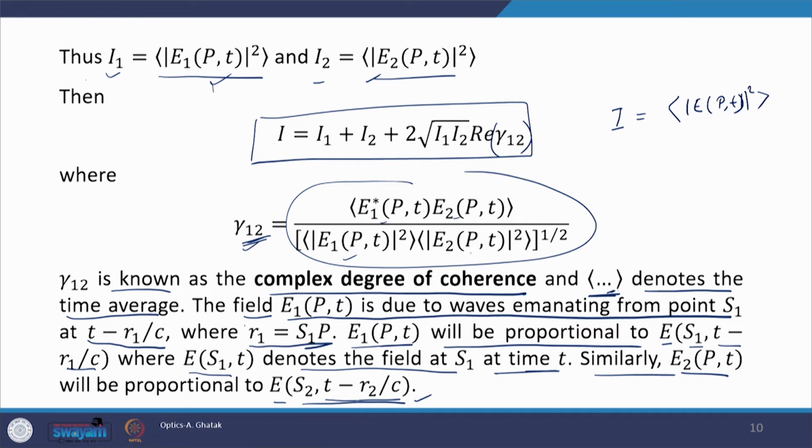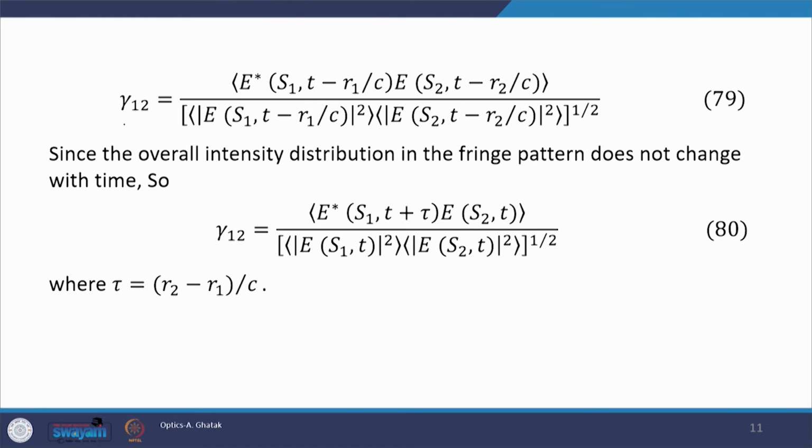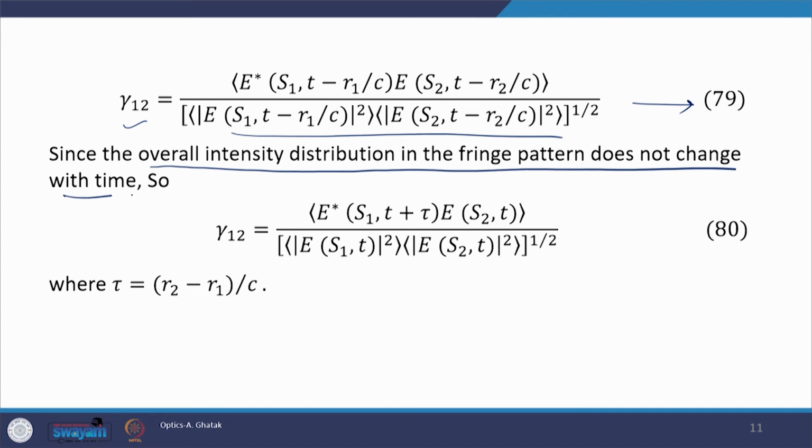Since E1 and E2 are proportional to these fields, we can replace the expressions of E1 and E2 in the expression of gamma 12. Doing this, we get a bit complicated expression, given by equation 79. Now, we are seeing sustained interference fringes on the screen, therefore the overall intensity distribution in the fringe pattern does not change with time.